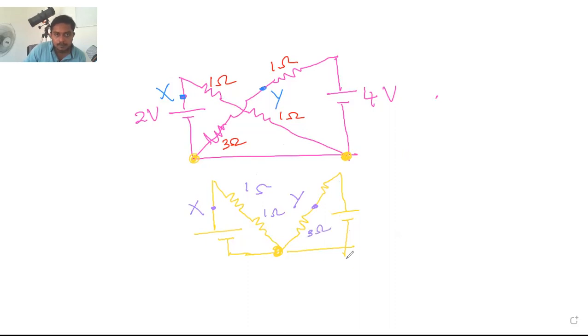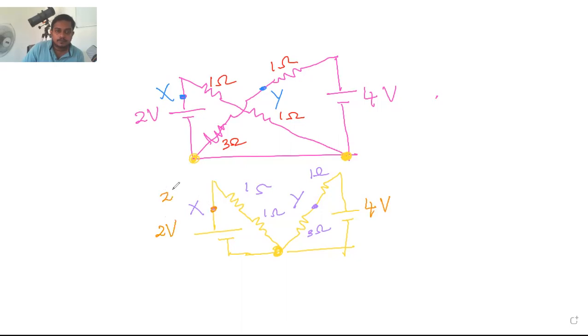Yes, your answer is correct. Good. Okay, 3 ohm, and here 1 ohm. 1 ohm, 1 ohm, 3 ohm, 1 ohm. So Y is here, X is here. So 1, 1, 3. Okay, so this is 4 volts. And here I am getting 2 volts.